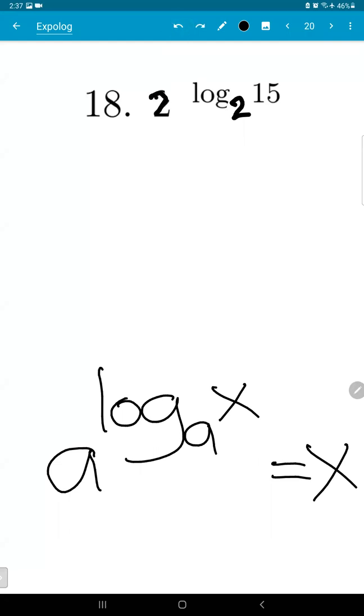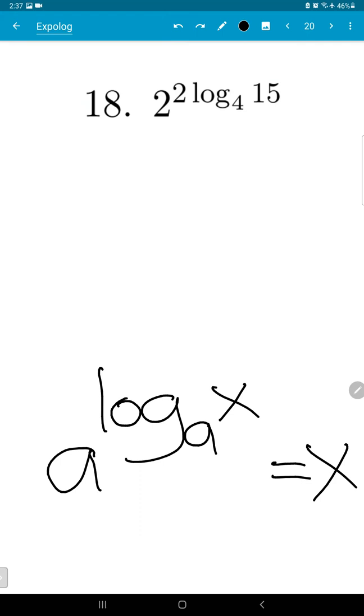What is this? 2 raised to logarithm base 2 of 15. 15. Okay? Mag-cancel ito. Base 2 exponential, base 2 logarithm. 15 yan. But, notice, kaiba yung base. Base 2 yung exponential, base 4 yung logarithmic.